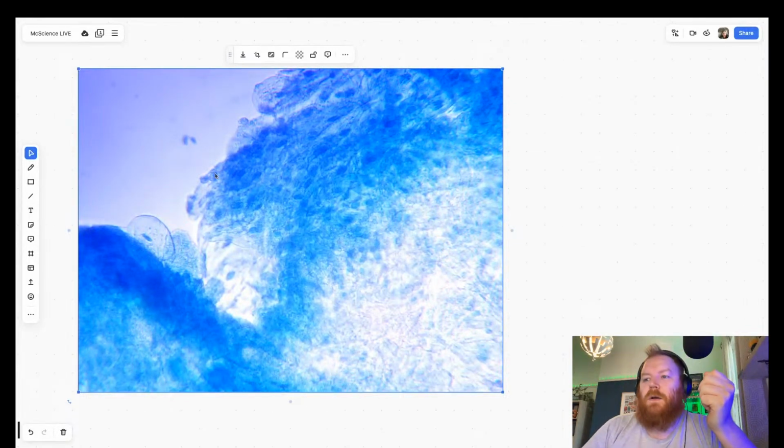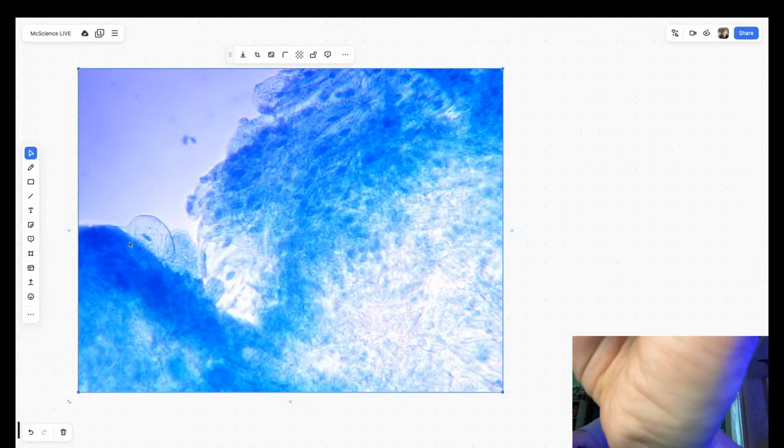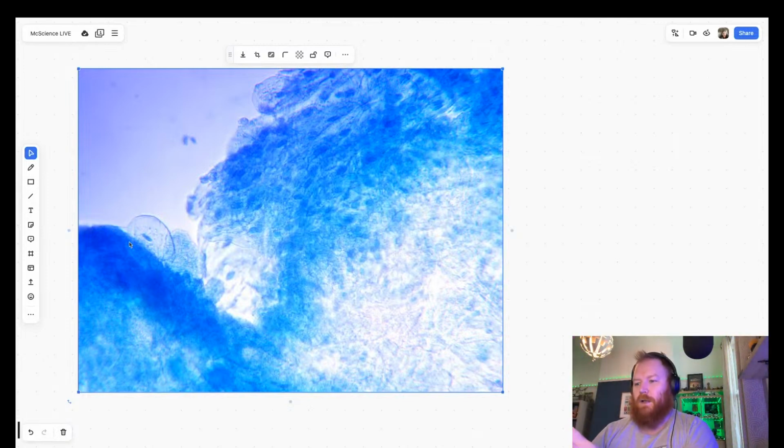What you can see on this image that I'm currently showing, in fact, let me move you guys over here a second, and I will put a different angle of camera. There we go.